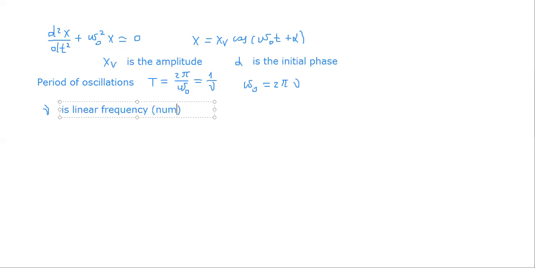So the number of oscillations per unit of time, maybe per second, or minute or hour.